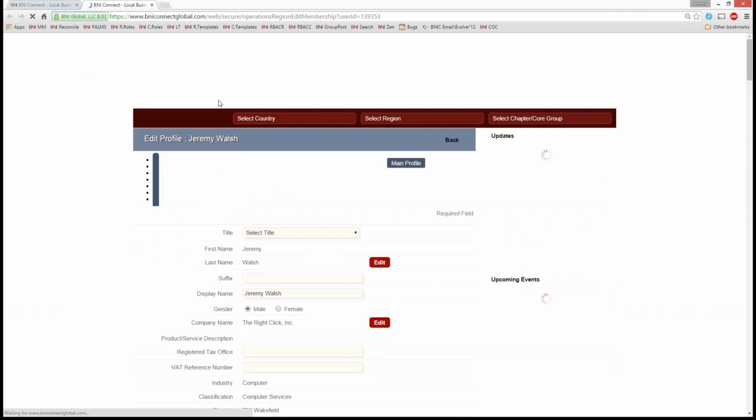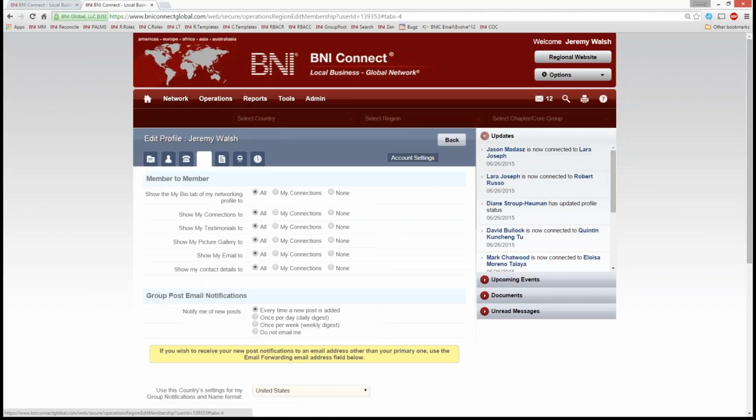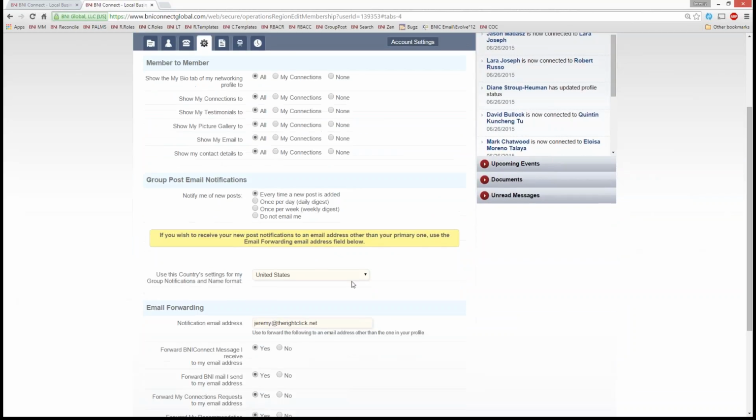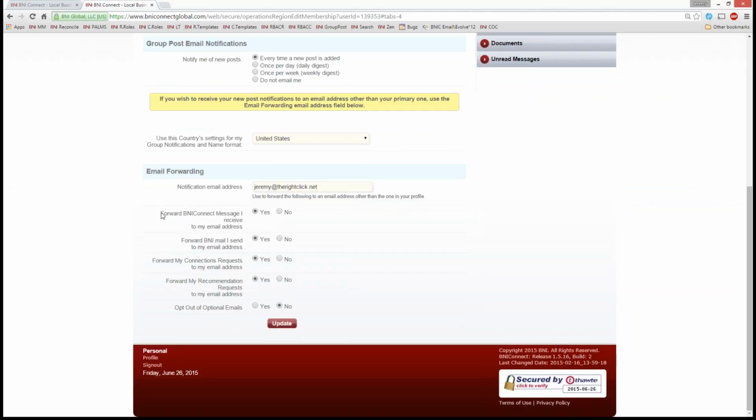and on the Settings tab, it's going to be the one that looks like a gear. If I go to the Settings tab, you can see down here, do you want to forward BNI Connect messages I receive to my email address?